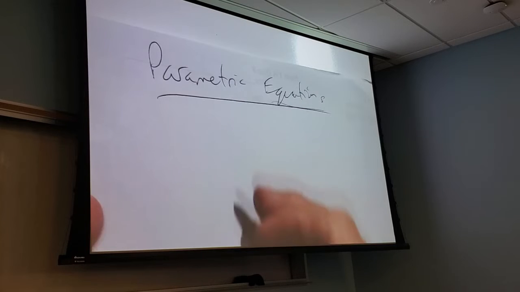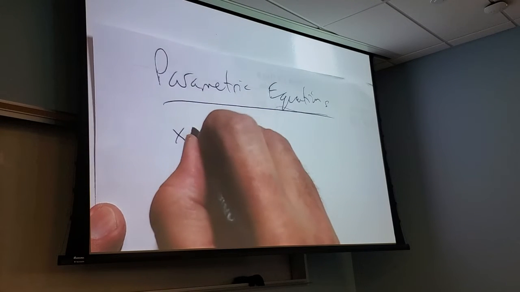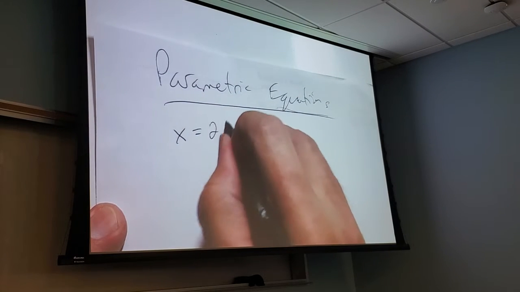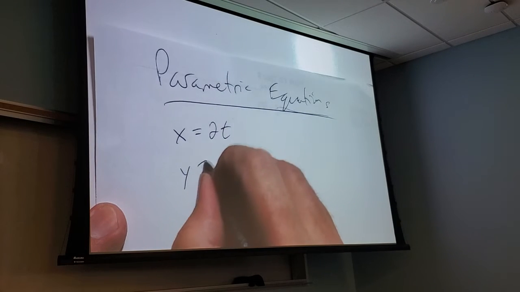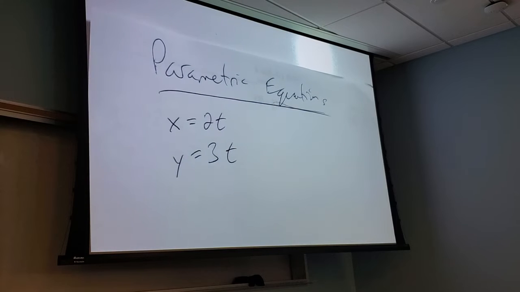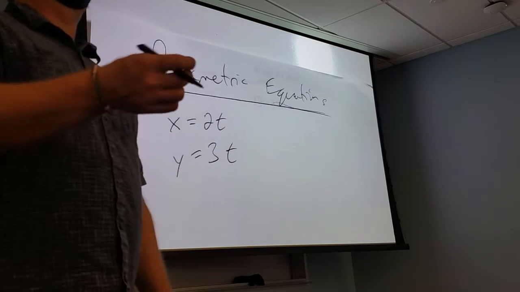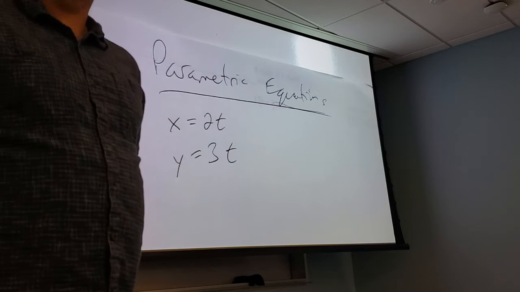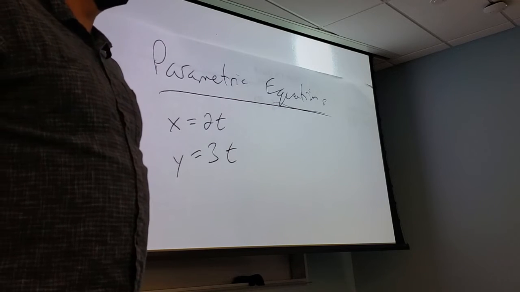So let me show you. If I said x is 2t and y is 3t. T is our standard parametric variable, just like x and y are our standard rectangular coordinate system variables, right?